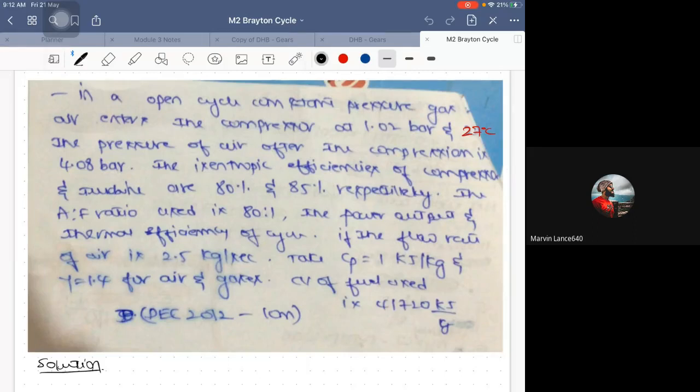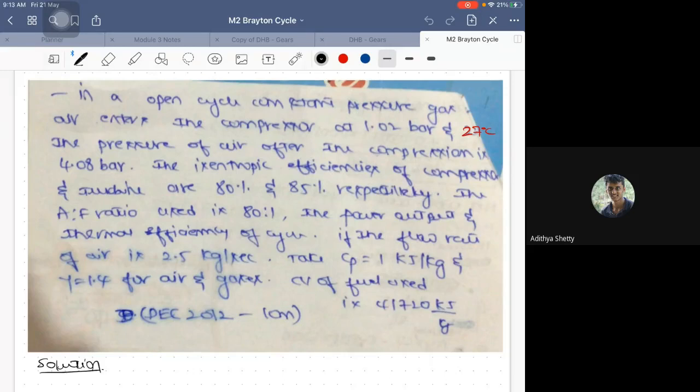Good. Now, shall we start the problem? In this particular problem, it says it is an open cycle constant pressure gas turbine.